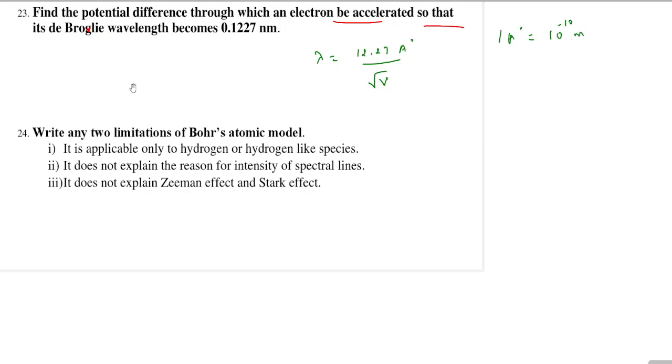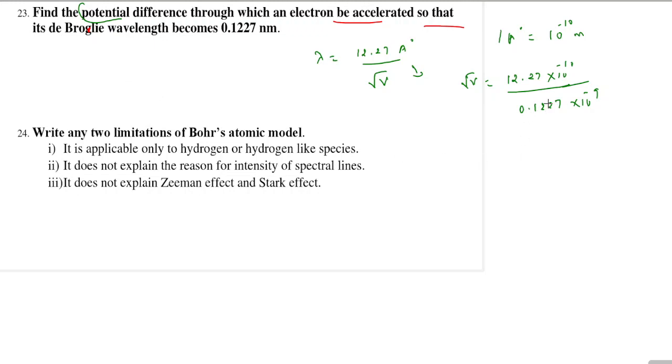Here the question asks for the potential difference, which means we should find V. So from here, root V is 12.127 into 10 power minus 10 by lambda, because lambda is the wavelength, which is 0.1227 into 10 power minus 9.